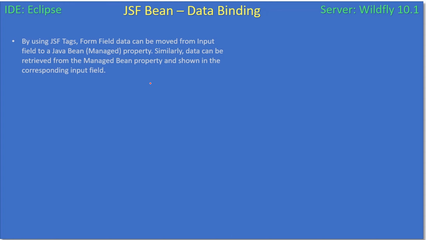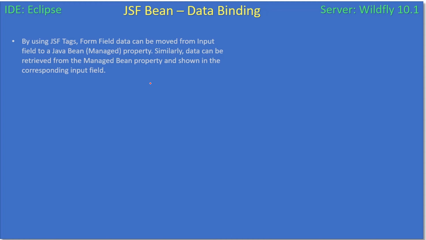By using JSF tags, form field data can be moved from the HTML form field to the Java bean, which is living in the application server. So this is one direction, from the form field to the Java bean living in the server.